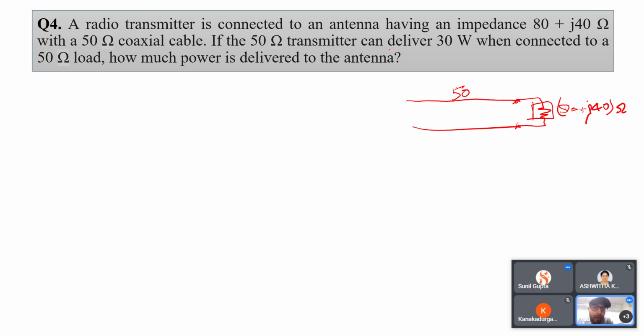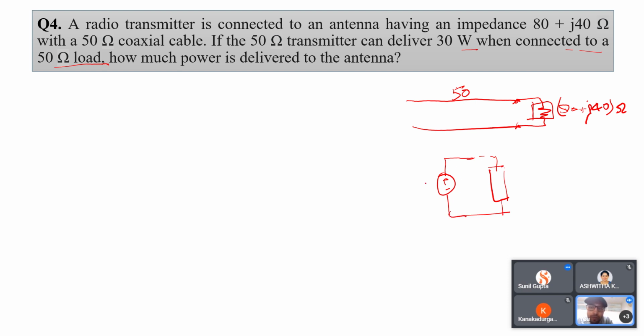If a 50 ohm transmitter delivers 30 watt when connected to a 50 ohm load. Okay, so suppose you have this source and you directly connect it to this load.